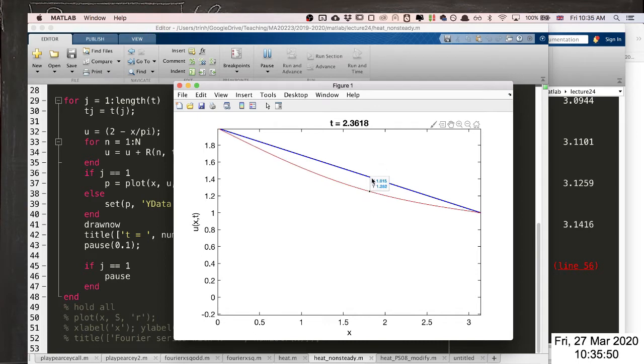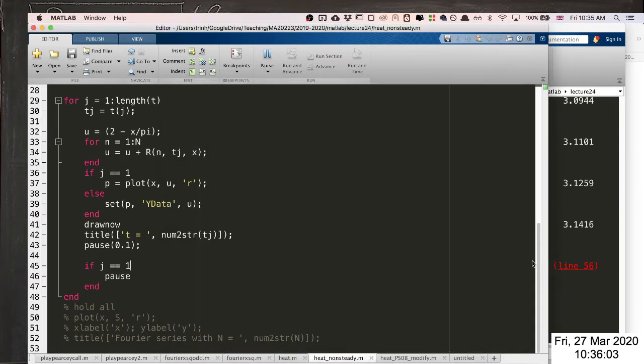Now I just want to confirm for you that it does look right if I set the number of modes to be higher. So instead of 20 modes, 20 terms of your Fourier series, or 21 terms if you count the first term, let's use a slightly higher number. So let's use, say, 100. Let's quit this here.